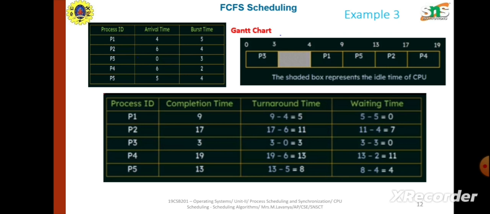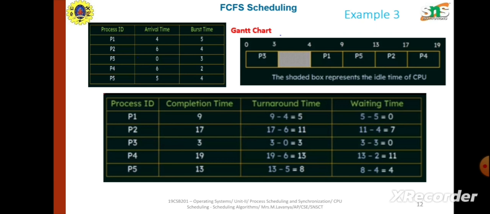Then for process P4, its turnaround time is 13 minus its burst time 2. So 13 minus 2 equals 11, the waiting time of process P4. Then finally process P5, its turnaround time is 8 minus its burst time 4. So 4 is the waiting time of process P5.